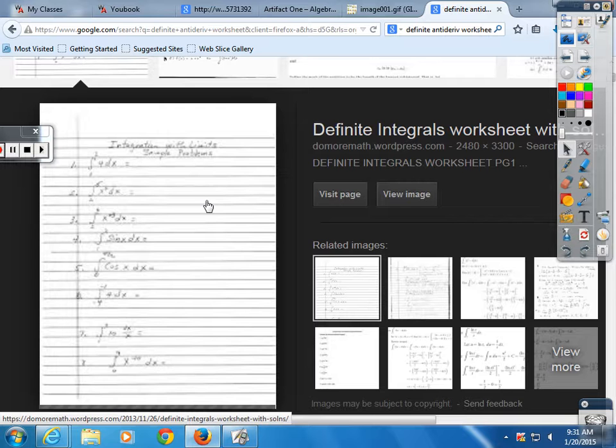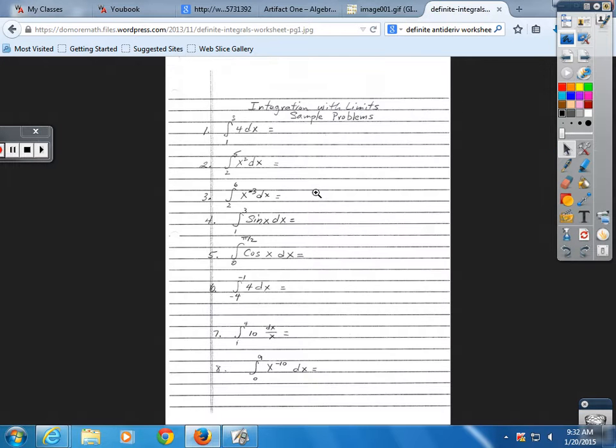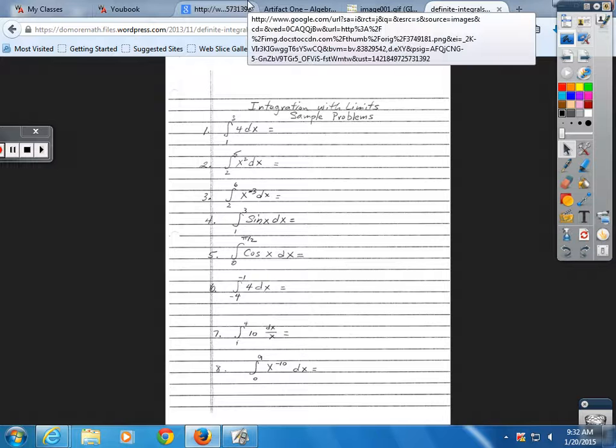All right, let's do 1, 2, 3, and 6. We'll do the trig when I get there. We're going to do them, don't worry. You just wait.